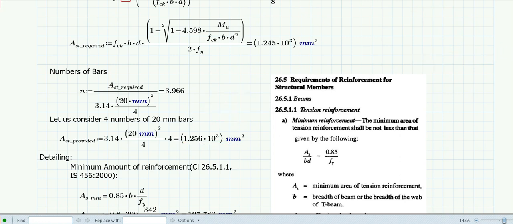Now we have to see whether it is a detailed structure or not. The detailing means how to arrange these bars.